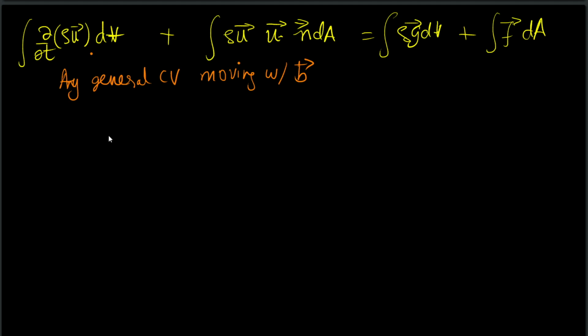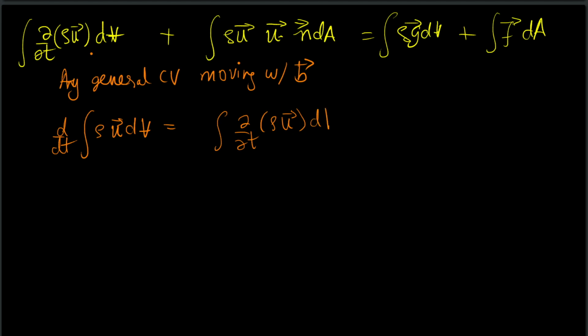So the first thing to note is ddt of integral rho u dv is equal to del T of rho u dv plus integral rho u b dot n dA. So this is the flux caused by the moving control volume which has a velocity b and not the velocity of the fluid.